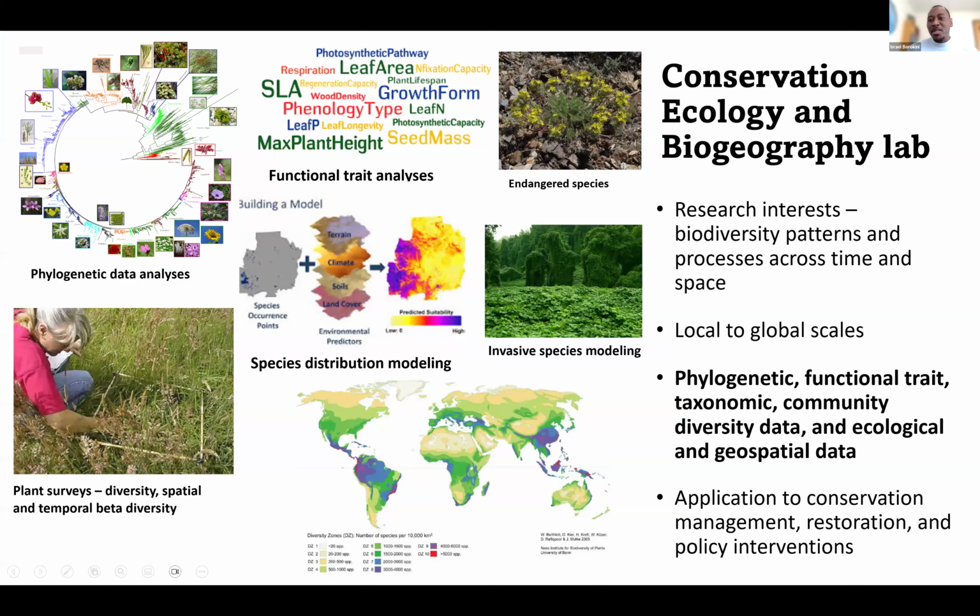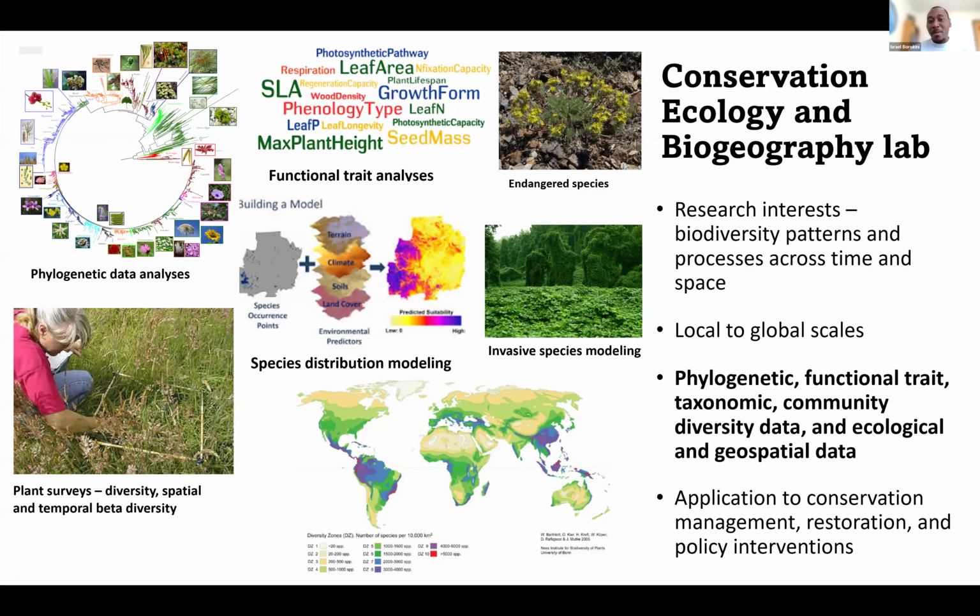So first, just to talk a little bit about my research, I integrate ecology and evolutionary biology together through ecological modeling and phylogenetic analysis to understand the drivers and mechanisms of biodiversity from population level to functional trait, taxonomy, community, and ecosystem levels or dimensions of biodiversity, and using that to inform conservation, management, and also to advance science.